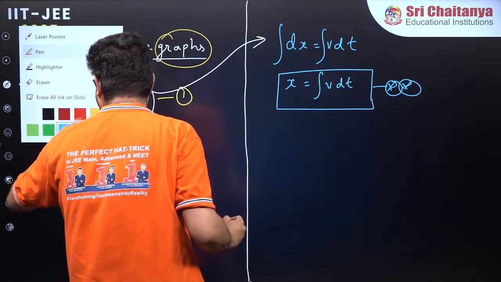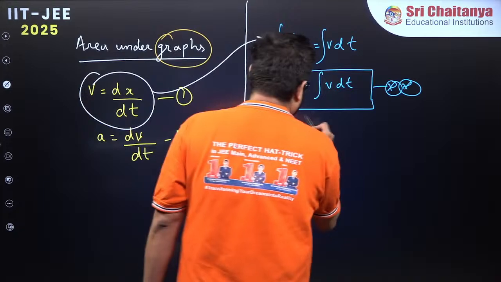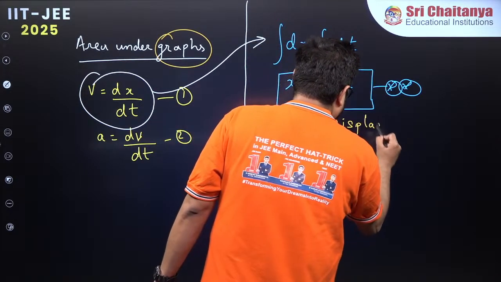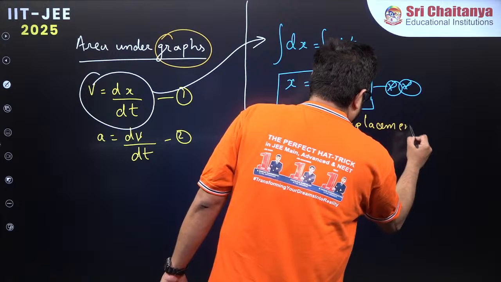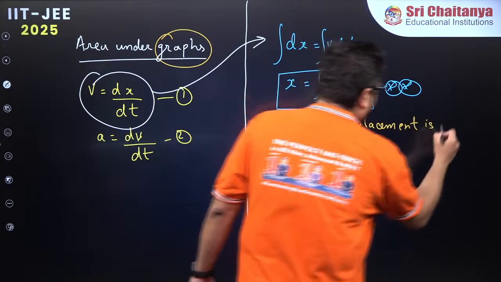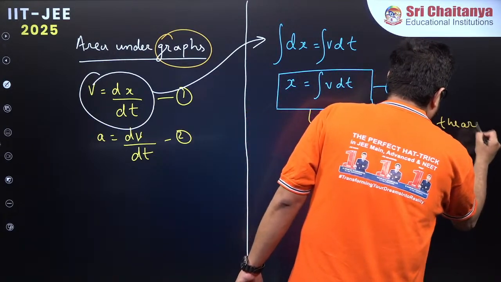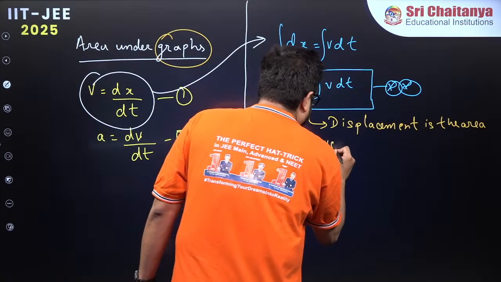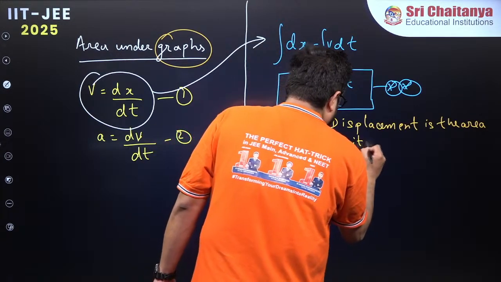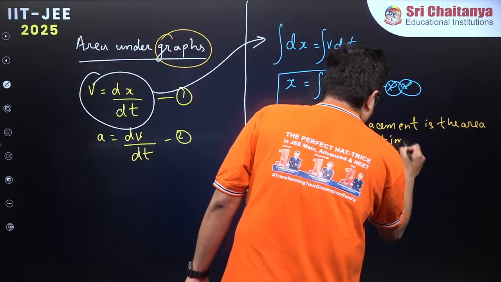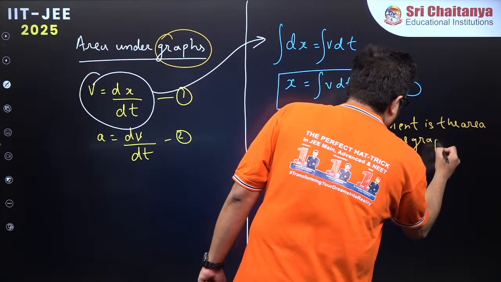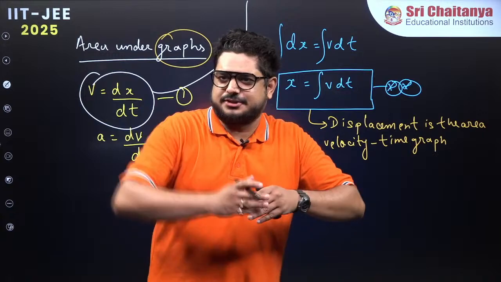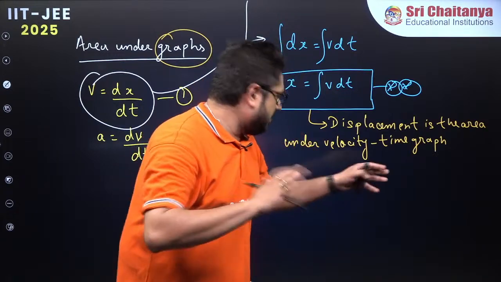So I can write it down by means of a statement that displacement is the area under the velocity time graph. You can note this down, everyone. Similarly, we are talking about displacement, so it will be associated with velocity.